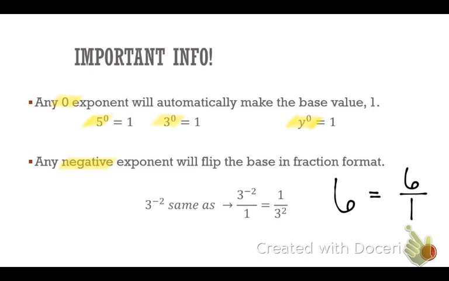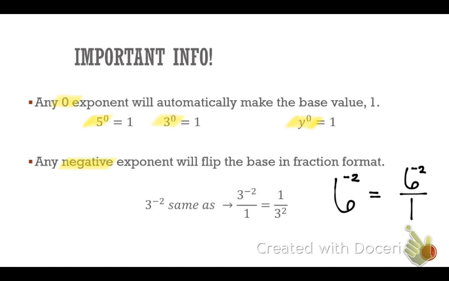A whole number. Okay, so we're going to view a base that's raised to an exponent in the same way. Does everybody agree that 6 squared could also be the same thing as 6 squared over 1? You with me? So what I'm going to say also is 6 to the negative second power is the same thing as 6 to the negative second power over 1. Do you kind of see that progression?